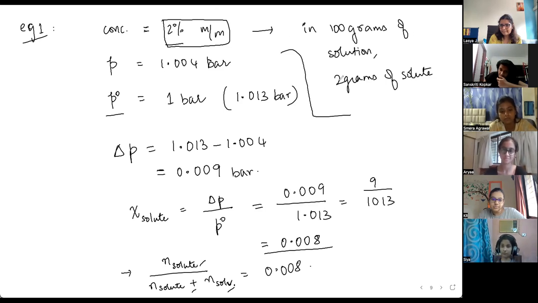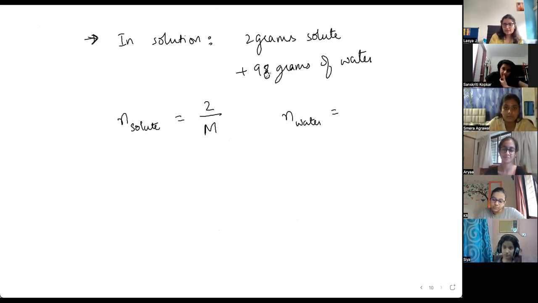Okay? Makes sense? So basically, we have 2 grams of the solute plus 98 grams of solvent, which is water. Is that okay up to here?